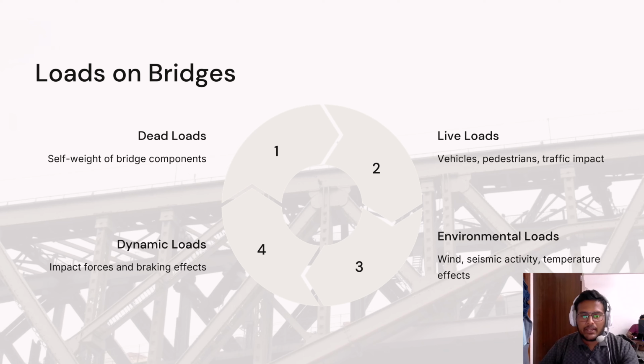Live loads include vehicles and pedestrians; basically, live loads are imposed loads on the bridge. Third is environmental loads, which come from wind, earthquakes, and temperature changes. And fourth is dynamic loads, which result from acceleration, braking, and impact. Designing for all of this ensures the bridge can handle real-world conditions safely.